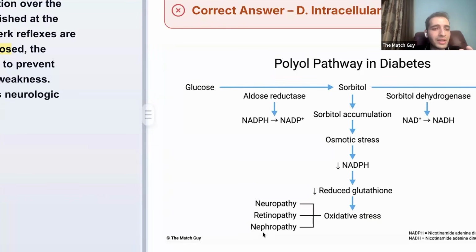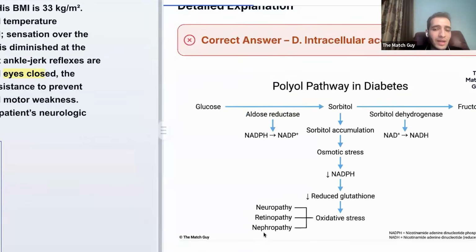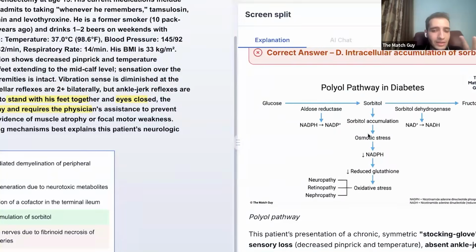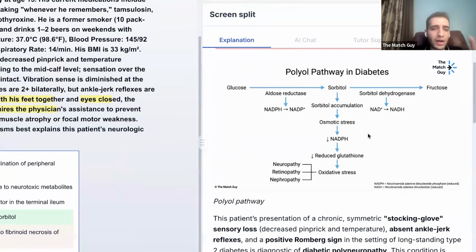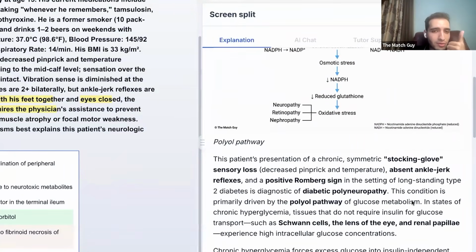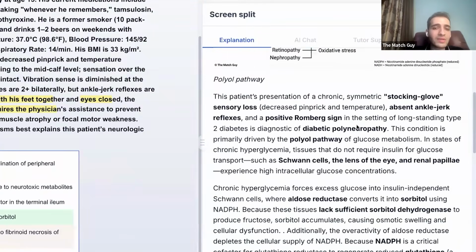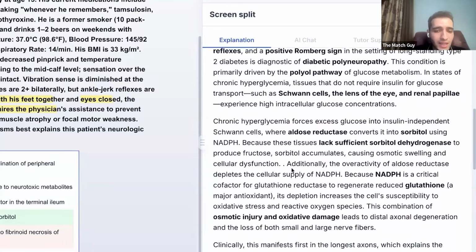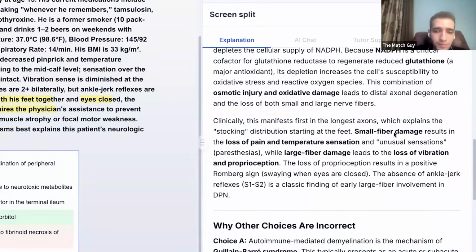I didn't know it will also accumulate in the kidney and cause nephropathy. So that's the first part. I didn't know that sorbitol accumulation affects three things in diabetes: the nerve, the kidney, and the eyes. So that was my first mistake. Apparently my reasoning was right. It was diabetes, but I failed at the last step. That's fine.